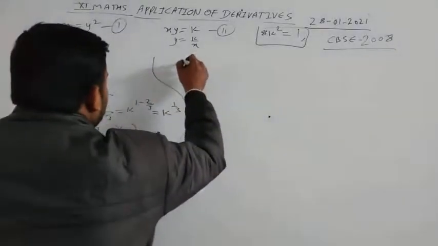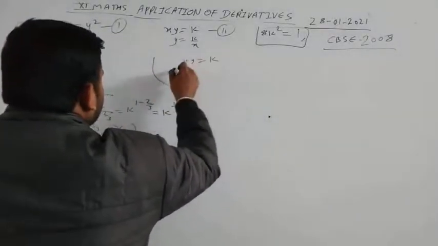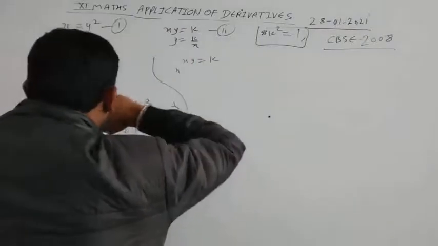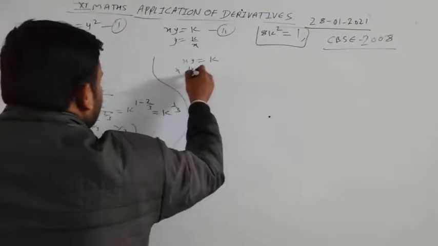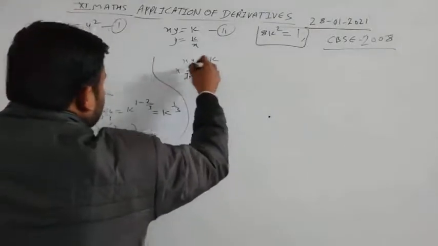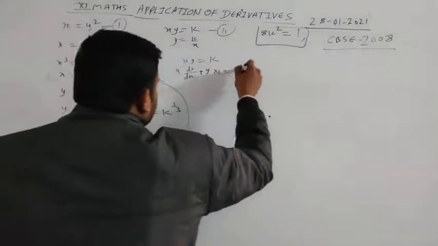Now xy = k, student. So first function into differentiation of second function, dy/dx, plus second function into differentiation of first function, is equal to 0.